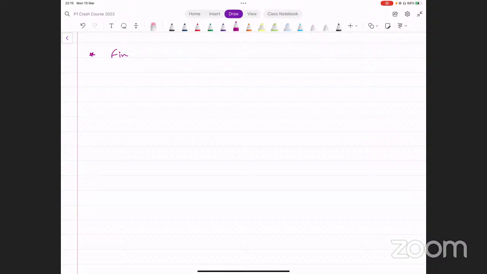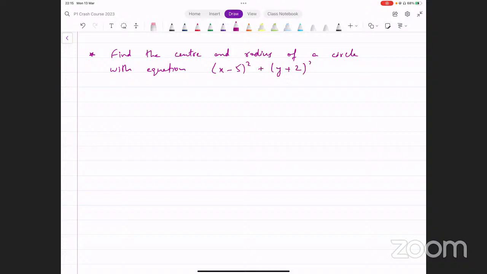So let's say we want to find the center and radius of a circle with equation x minus 5 whole squared plus y plus 2 whole squared equals 40.